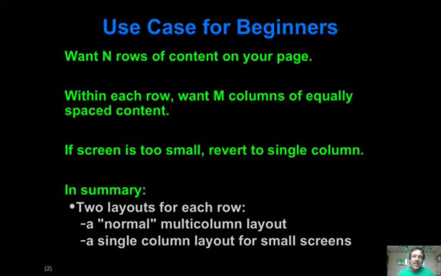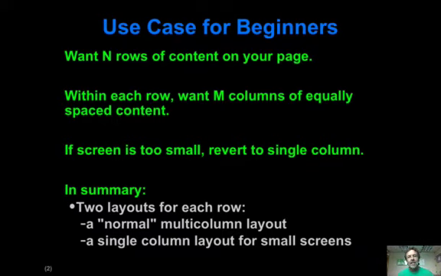You could do lots of things, but to get started, the easiest thing to do is think of the following very simple use case, which applies to most websites out there. You want n rows of content on your page, and then within a particular row, you're going to want some other number of columns.